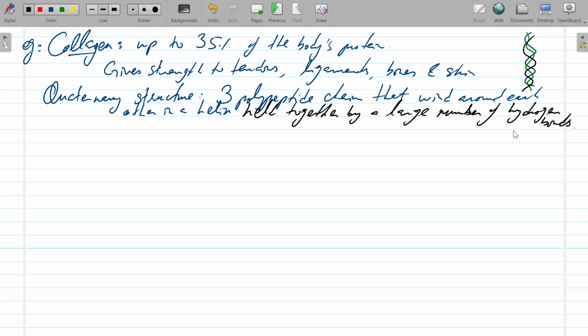Right, and so when these are combined with bones, they give them strength, they strengthen bones, and the analogy they use is how steel is used with cement to make reinforced concrete.